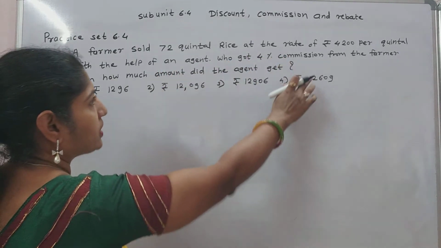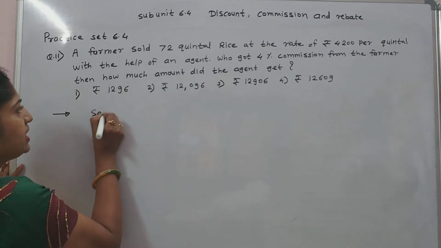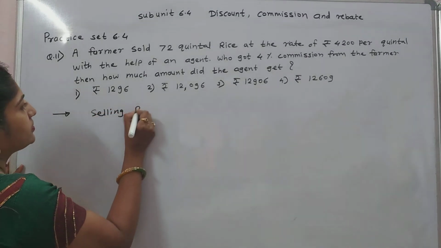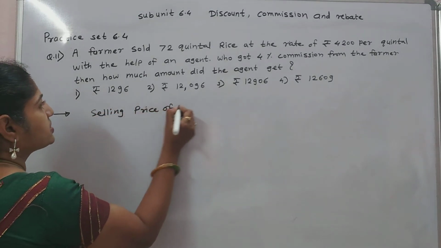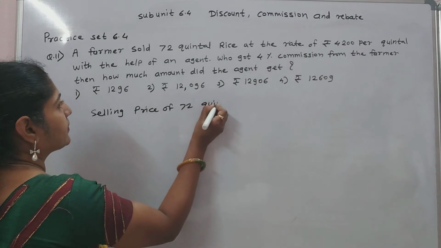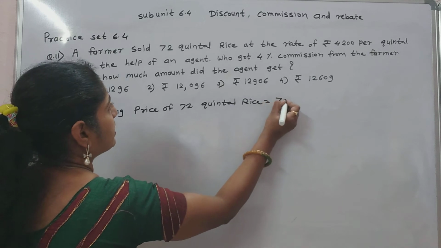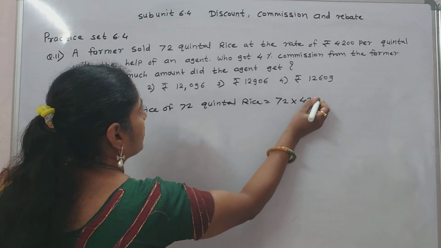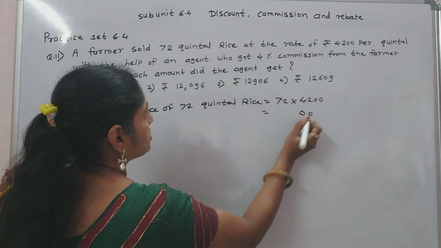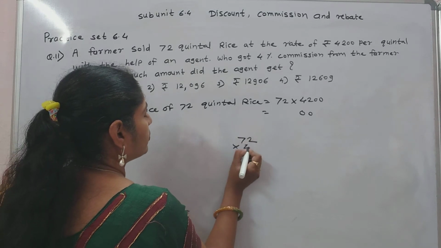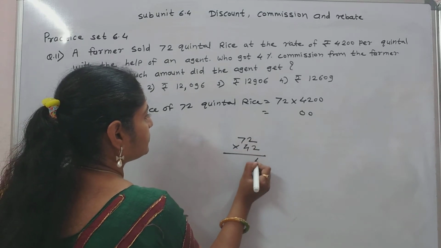Rate is 4,200. Selling price of 72 quintal rice equals 72 into 4,200. Double zeros, and 72 into 42. Multiplication of this.